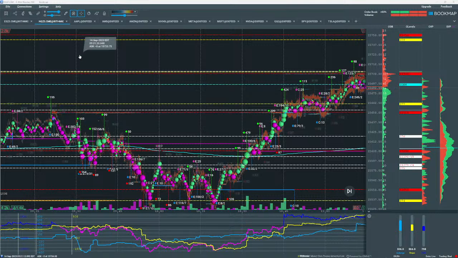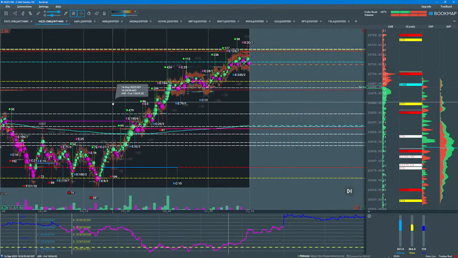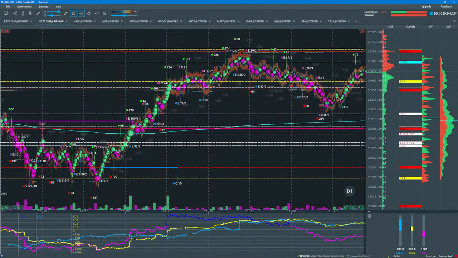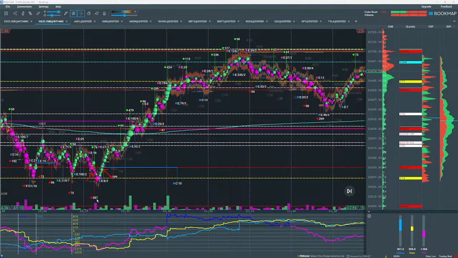And in the case of Nasdaq, we saw that options traders were taking positive delta positions. So we get a confirmation from hedging flow as well as order flow. You can see the shift in volume dots, magenta volume dots, more sellers than buyers, to green volume dots, more buyers than sellers.